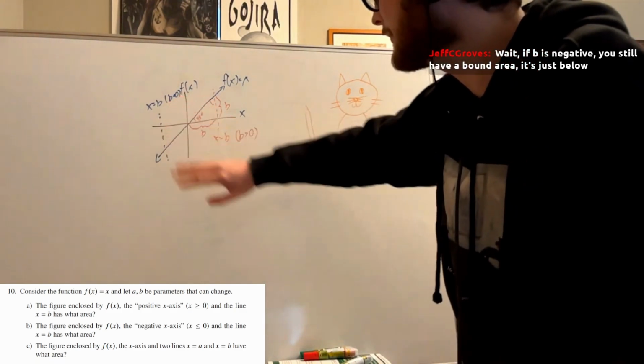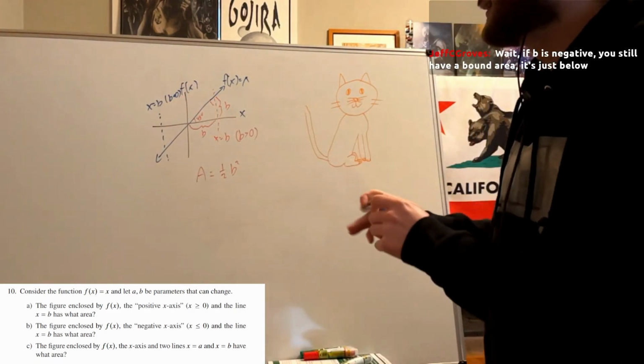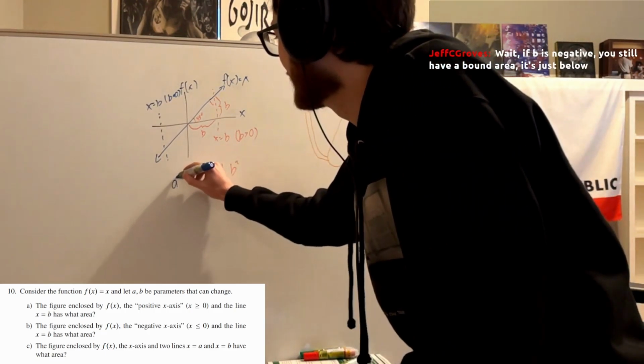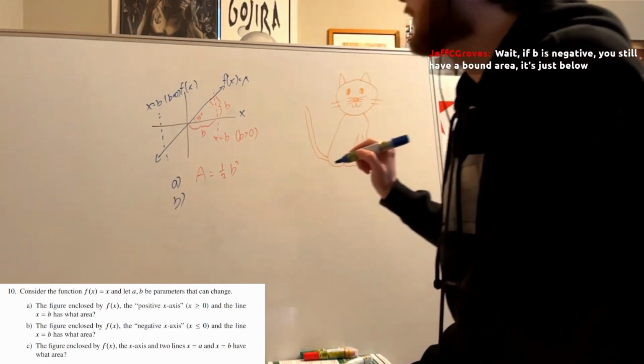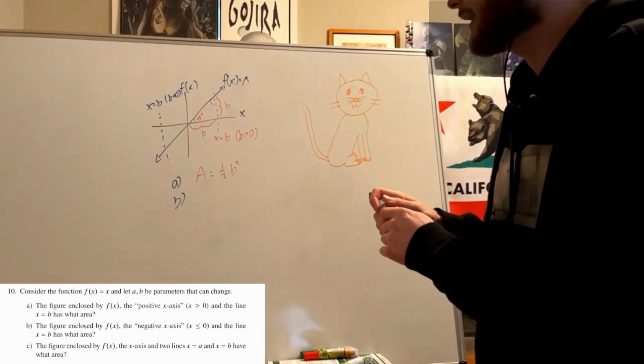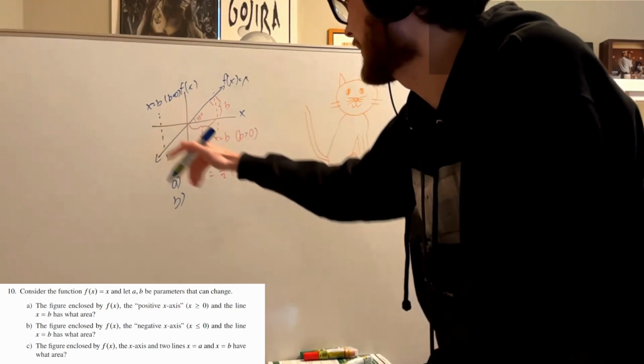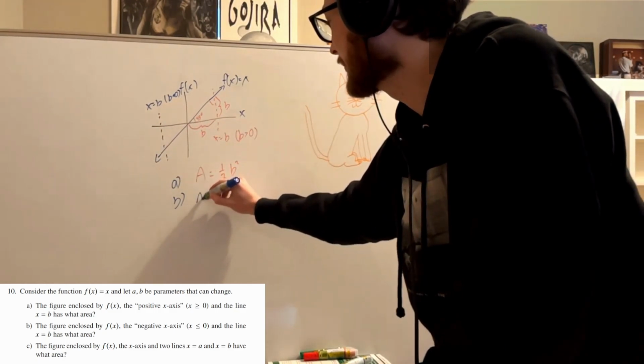I'm kind of mixing my colors here, but it's fine. I'm not going to do the calculus thing of saying that's a negative area, because I don't think that's what we're supposed to do here.